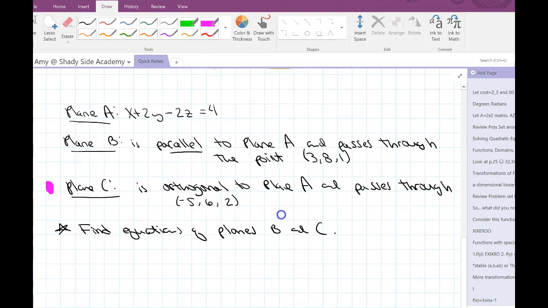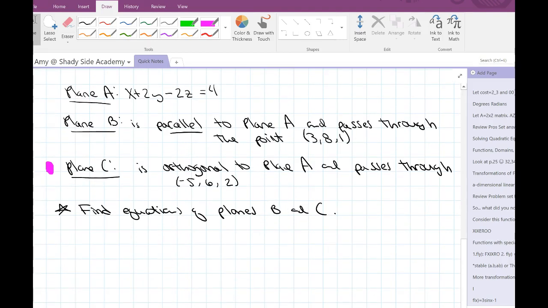All right, I'm going to go ahead and find the equation of plane B. If plane B is parallel to plane A, what that means is that the normal vector for plane B is going to be the same as the normal vector of plane A. By the way, I find myself slipping into that vocabulary: normal, orthogonal, perpendicular, they're all synonymous.